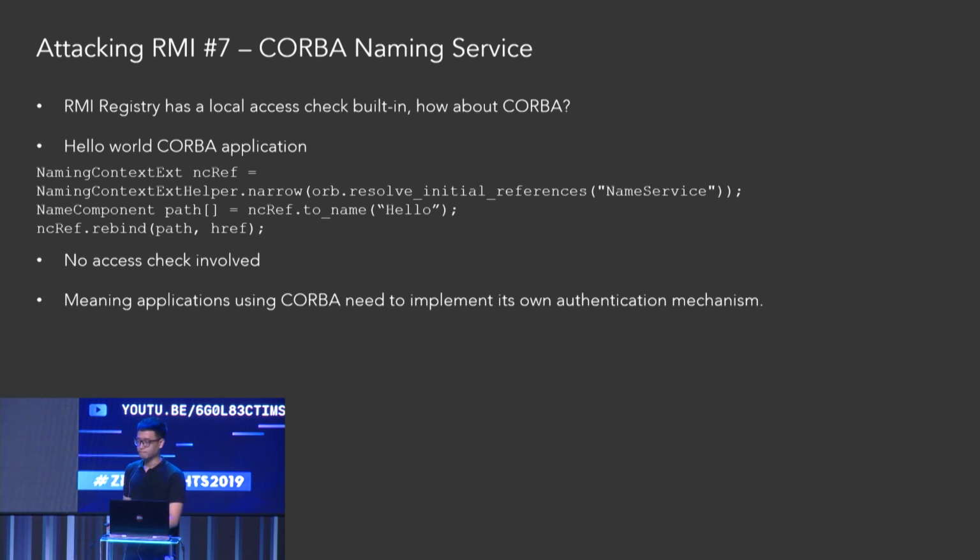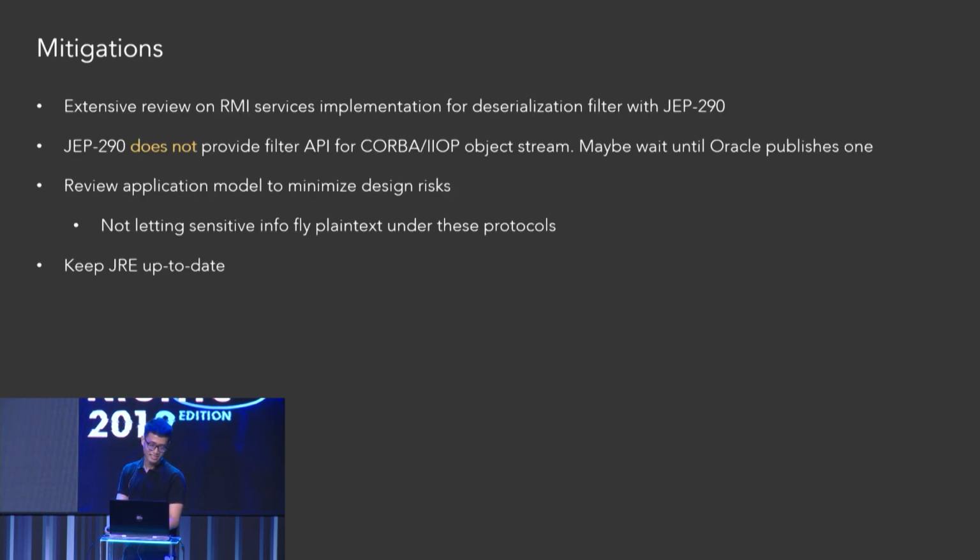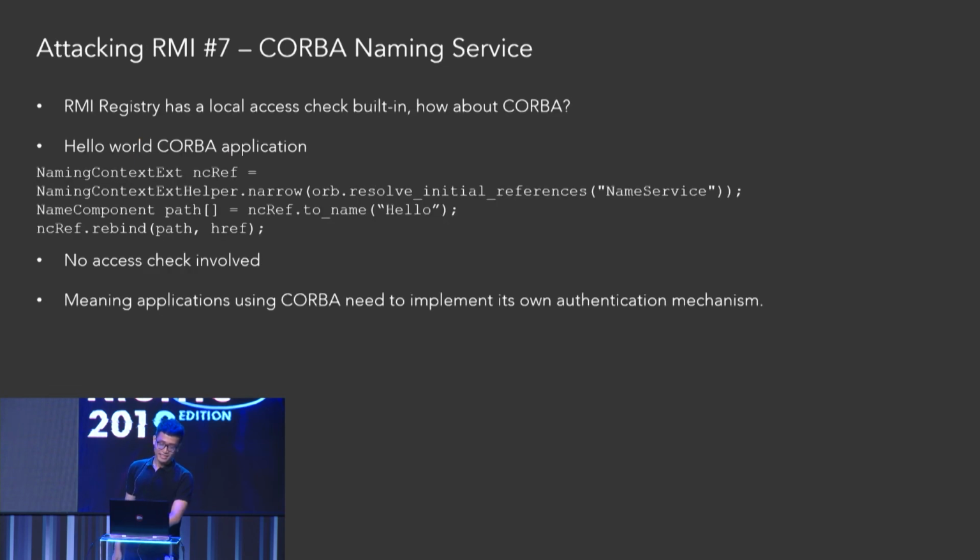But this is actually not as popular as the RMI over JRMP, the RMI registry class. So I have yet to find a vulnerable product in my research time span, but I believe there will be one that uses this. So that's everything about my attack scenarios.